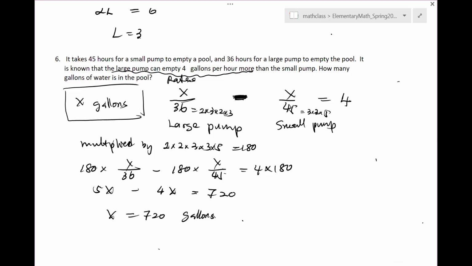You have to think about slightly different ways, without using equations. Every time, the larger pump can pump 4 gallons per hour more water than the small pump, right?